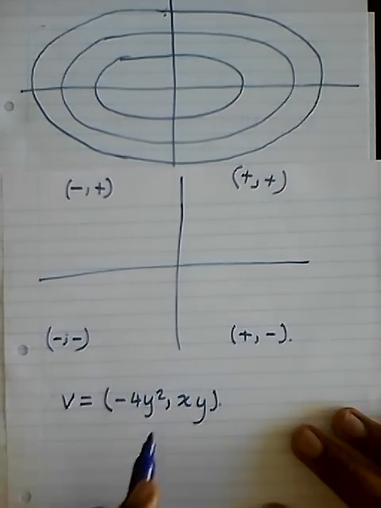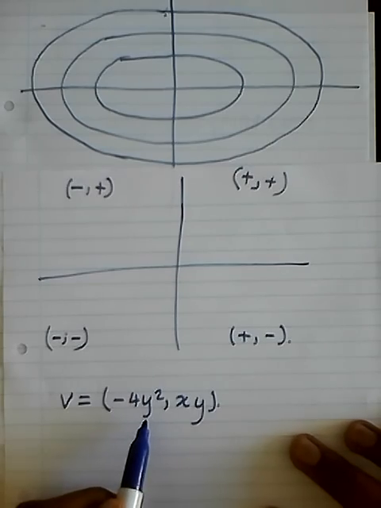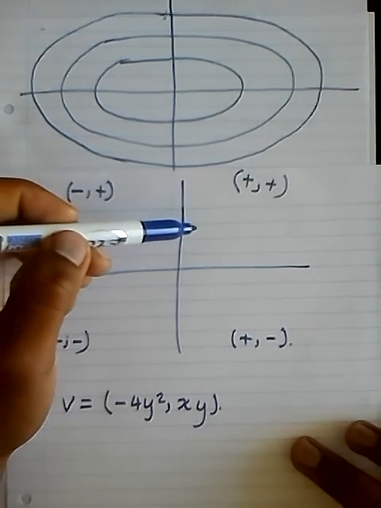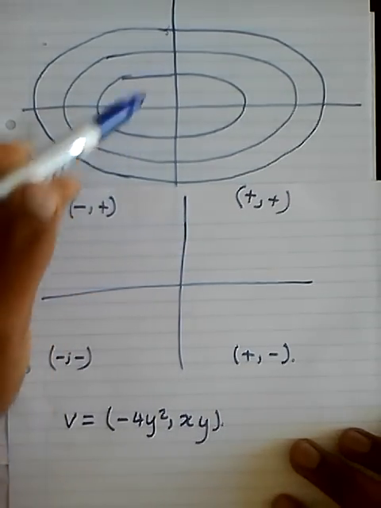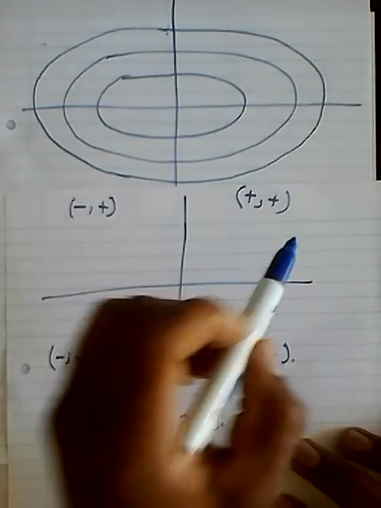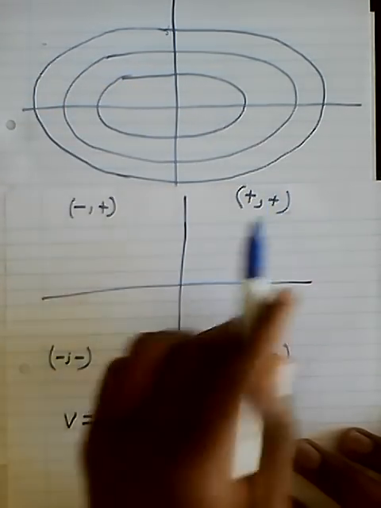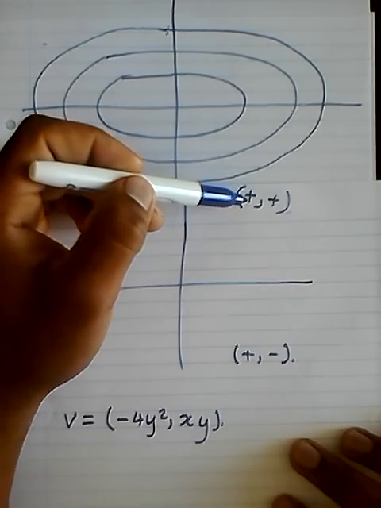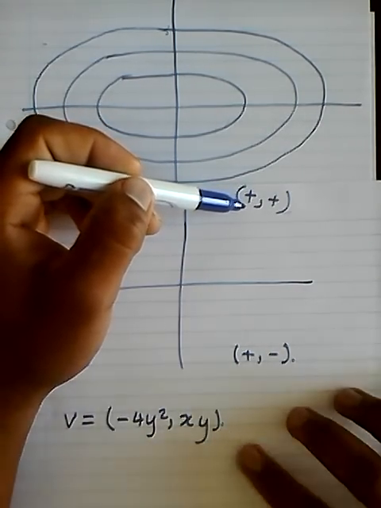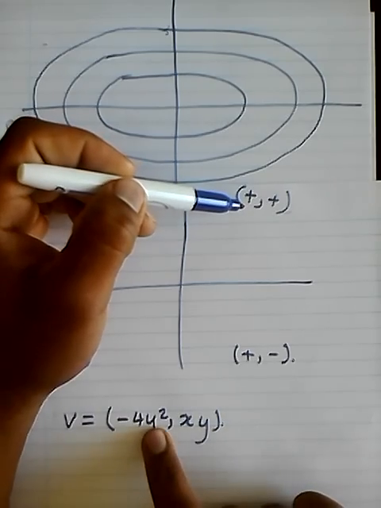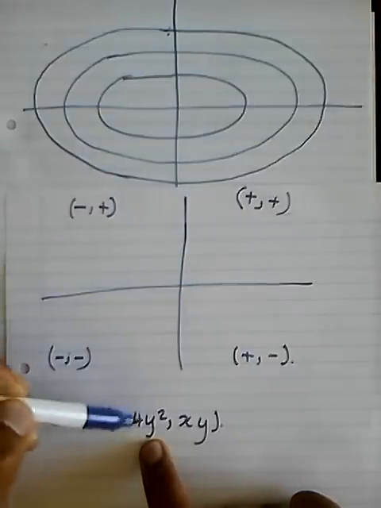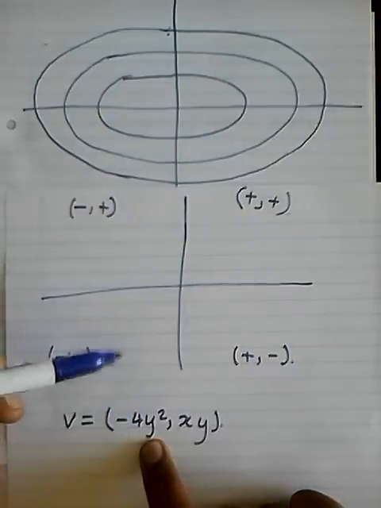Now considering this, we want to determine the direction of our curve, the orientation on the first quadrant. So we're going to use what we know about the first quadrant. We know that x is positive and y is positive. So let me first determine the orientation of the x coordinate.